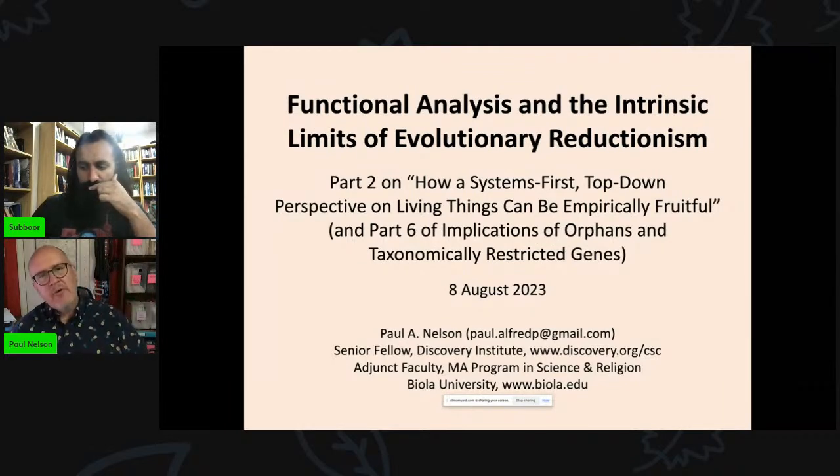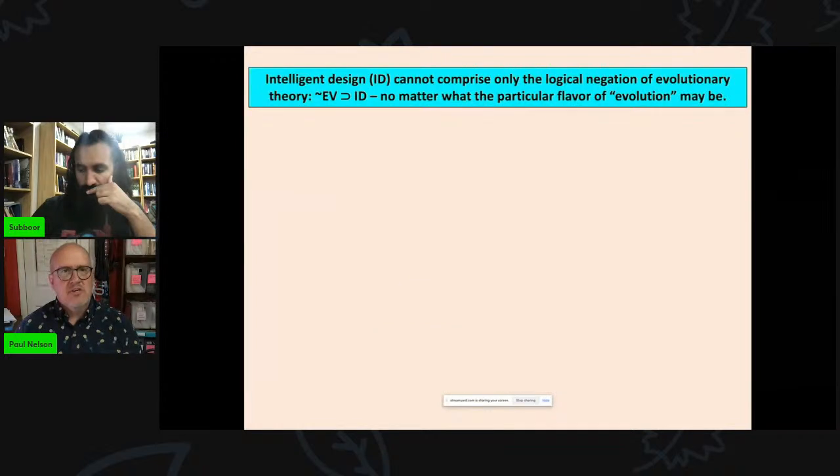So we are now in part two of one of these digressions, which is how a systems first top-down perspective on living things can be empirically fruitful. So today I want to talk about functional analysis and what I'm calling the intrinsic limits of evolutionary reductionism.